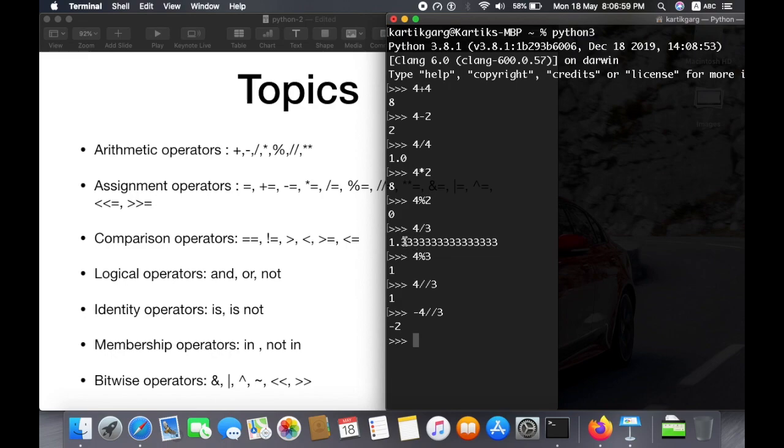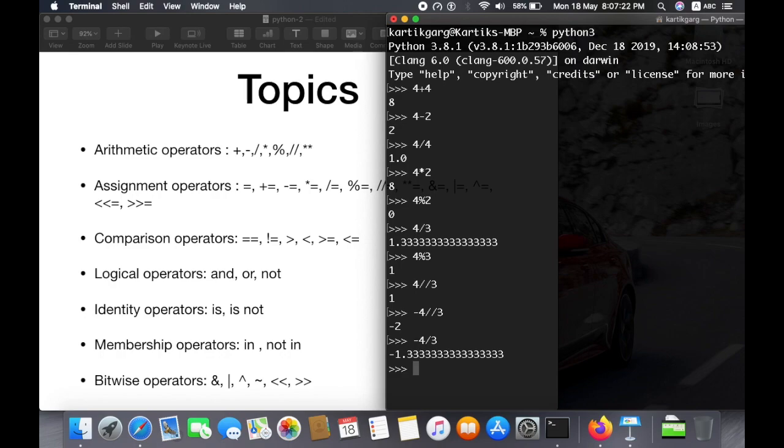The lowest integer is 1, so we got 1. But in the case of -4 floor division 3, the quotient would be minus 1.33, but the lowest integer would be -2. Minus 1.33 is greater than -2. That's why the output of floor division would be -2.